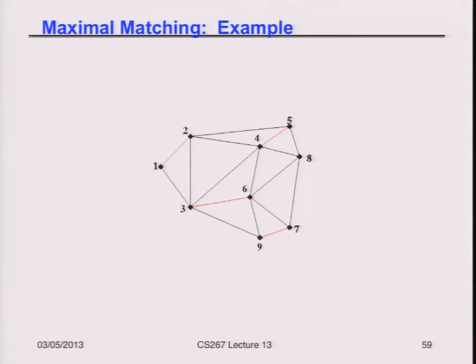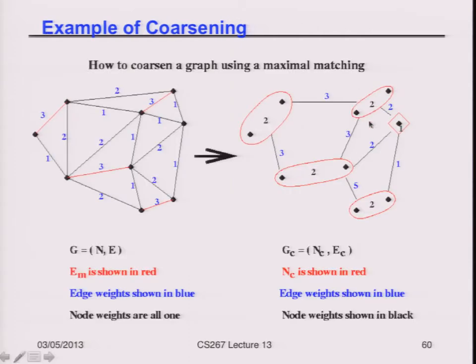So very simple. Now, what do I do to coarsen? Let's suppose this is my graph, and what I want to do is replace it with a graph of half the size. It's very simple. I take every one of these red edges and I replace it by a single vertex. In other words, I take these two nodes and merge them together into one node. I've just drawn a circle, so these red circles correspond to the nodes in the coarse graph. And what about the edges? I need the edges in the coarse graph. The edge that connects these two inside one node just goes away.